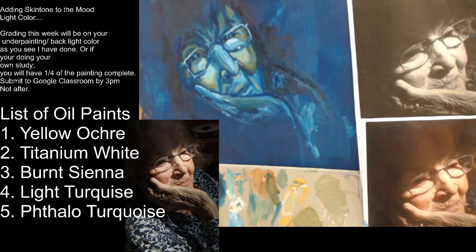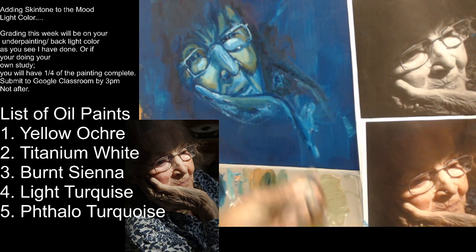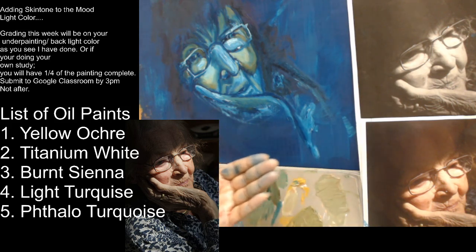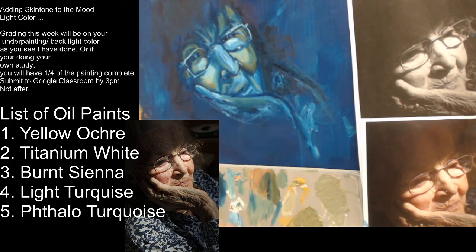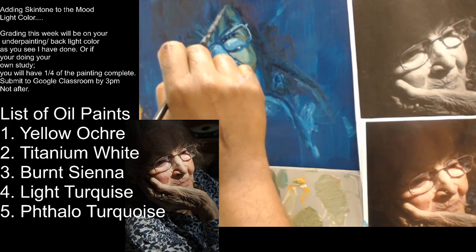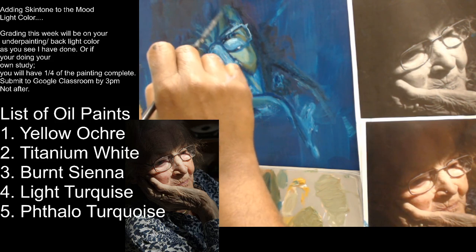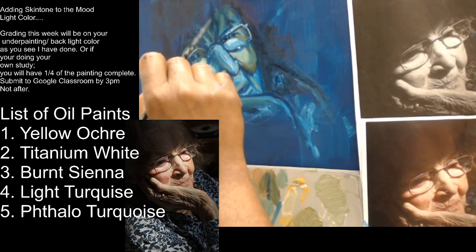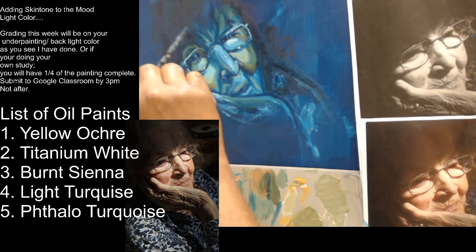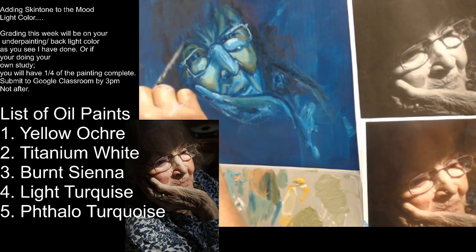Okay. Now I'm going to stop right there because I don't want to go too far at this time without having my blue light shining on this painting as I am painting it, so that you can get a really good idea of how the blues are reflected in the skin tone.